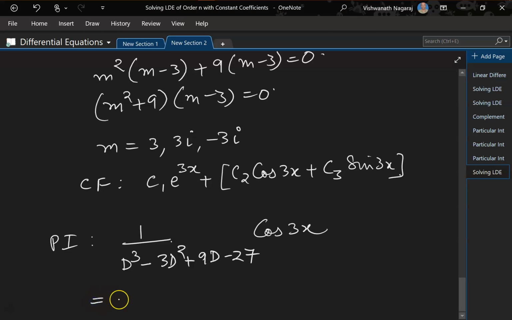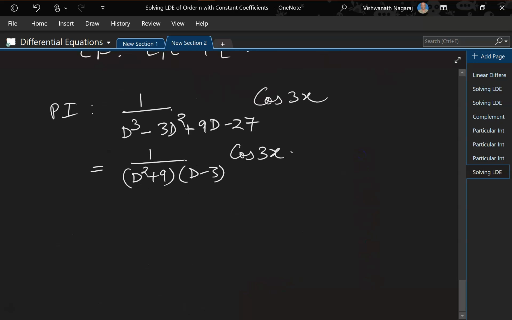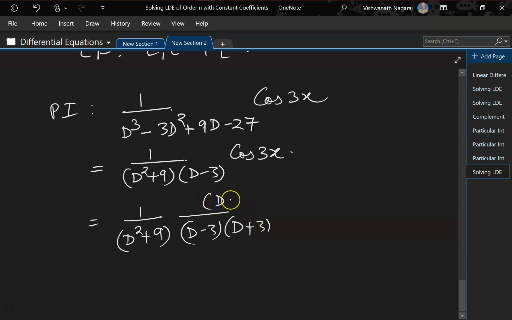Now this can be written as 1 by d square plus 9 times d minus 3 cos 3x. Now d square plus 9, we'll leave it as it is. So what we'll do is we'll multiply d minus 3 in the denominator by its conjugate, so d plus 3, which means in the numerator also we require d plus 3 cos 3x.